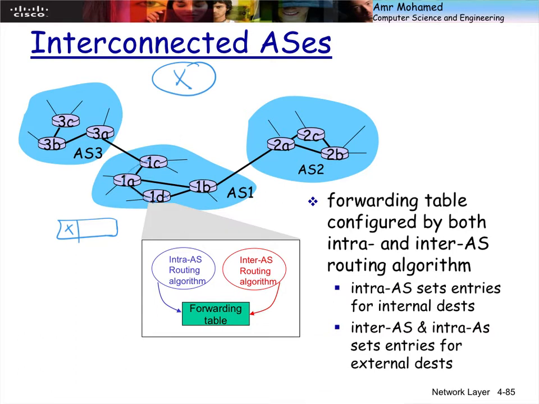So it needs to know بقى whether I need to go through 1C to go to autonomous system 3 to reach X, or I need to go to 1B, which takes me to autonomous system 2 to go to X. These are the two choices that I have. So I need to know now whether I should send to 1C or 1B. Okay, so that's known by the border gateway protocol, not by RIP or OSPF.